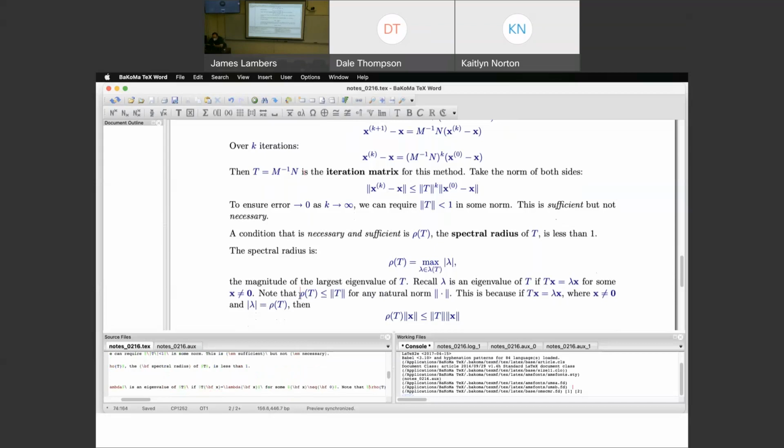And here we have this property that kind of explains why one condition is necessary and sufficient and the other one's merely sufficient. The spectral radius of a matrix is always less than or equal to any induced matrix norm. So if the norm is less than 1, then certainly the spectral radius will be. But maybe the norm is greater than or equal to 1, but the spectral radius is still less than 1, in which case convergence still occurs.